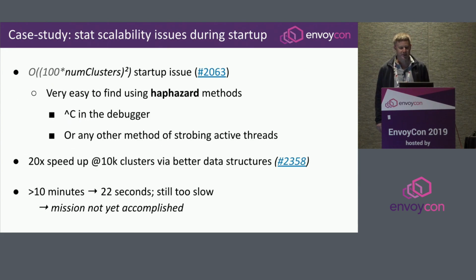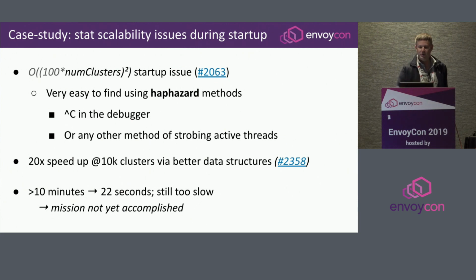One of the first things that I found when I started to work with Envoy with a large number of clusters was there was some pretty severe quadratic behavior in parts of the system. This pathological situation was actually very easy to spot. In fact, just by hitting Control-C while in the debugger, you not only know exactly where the problem is, but have all the context you need to understand how to solve it.